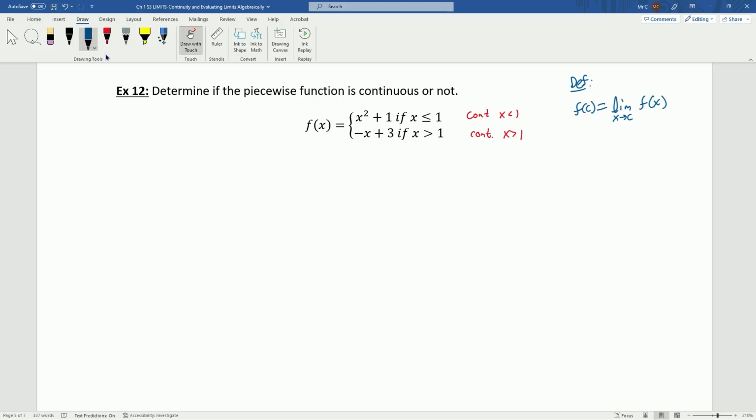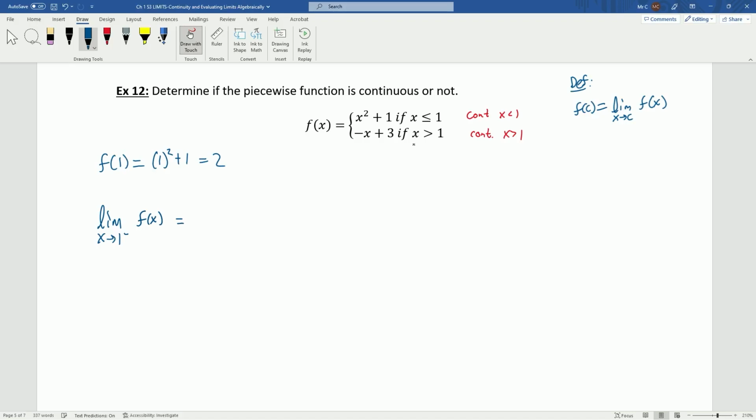So let's go ahead and evaluate f of 1. Well, that's simple enough. When x equals 1, I get x squared plus 1. So that's 1 squared plus 1 equals 2. Now for the limit, I need to evaluate the left and right hand limits separately. So we'll evaluate the limit from the left first.